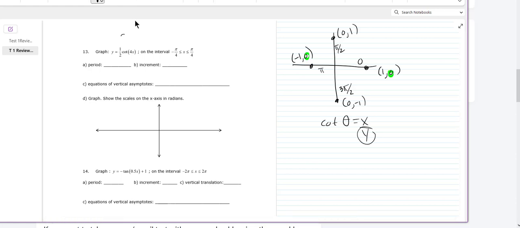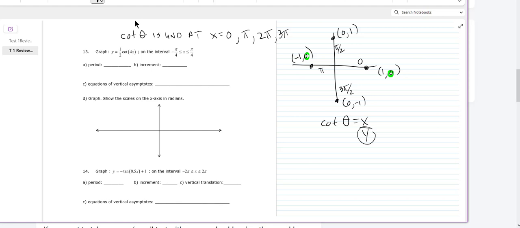So one thing that you can figure out from the unit circle is the cotangent of theta is undefined at 0 radians and pi radians, and then it'll just go on with a pattern. Then it'll be 2 pi, 3 pi, and so forth. It's just going to be where y is 0. The reason I'm going over that is that it will help you figure out the vertical asymptotes. Okay, you have to be careful on this.